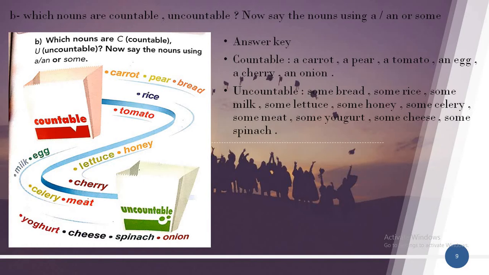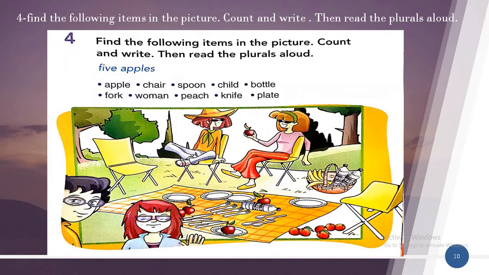Excellent. So it's very easy. You have just to divide between countable and uncountable nouns. Excellent, my students. Now let's move to exercise 4.